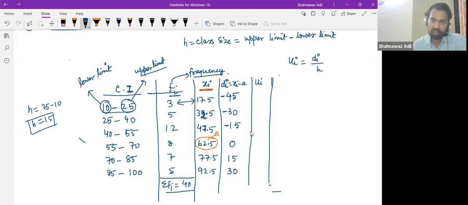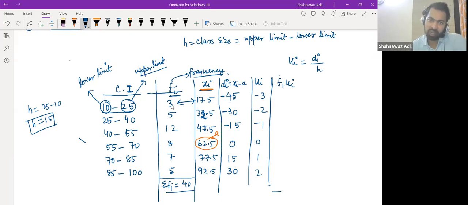So now we have to divide minus 45 by 15. So this is minus 3. Then this is minus 2. Then minus 1, 0, 1, 2. So you see how much this has been simplified. Now we calculate FiUi, right?